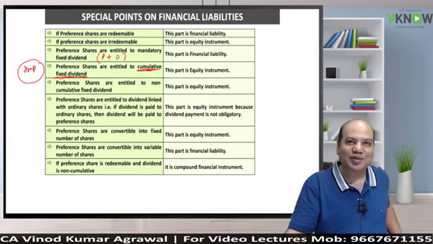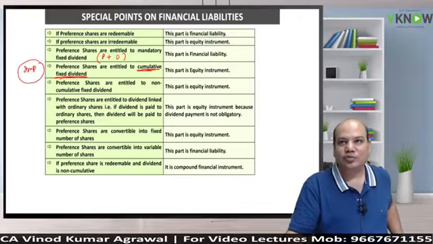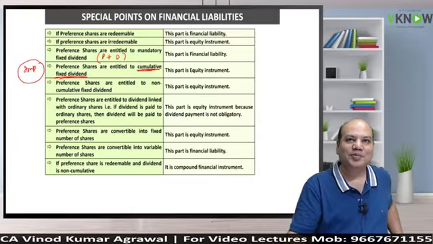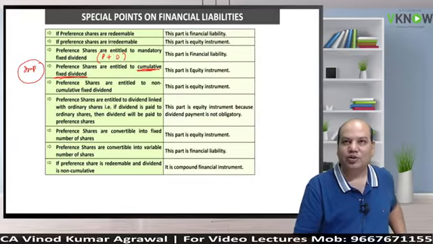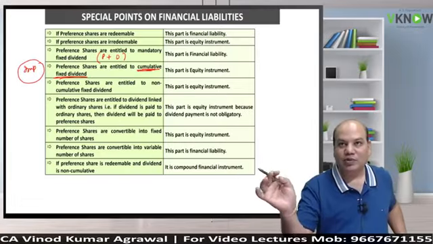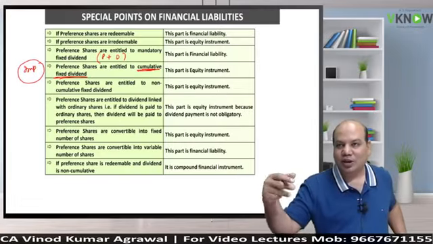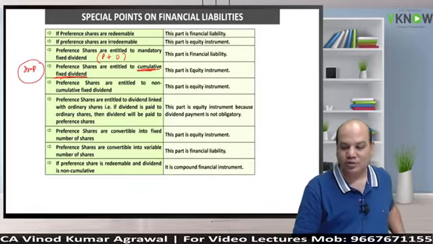Then at that time we will see. Is it right? So therefore, you can avoid it by not paying the dividend. It will accumulate, but you can keep on avoiding it for a very long time. So this part is an equity instrument. The cumulative preference dividend is equity because it can be avoided for a long time.